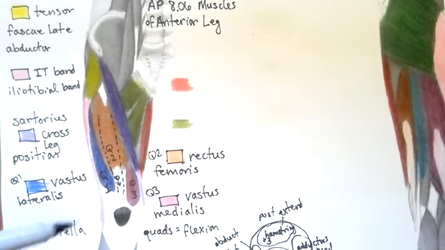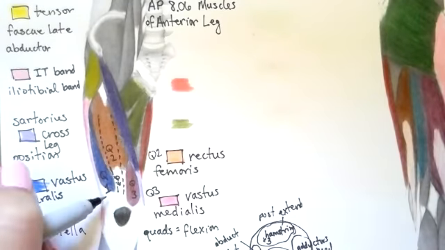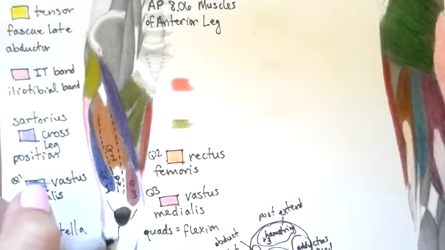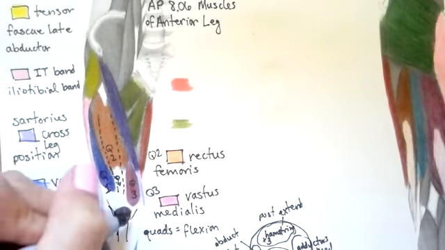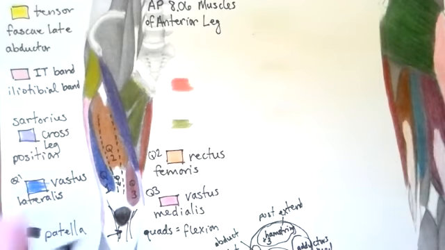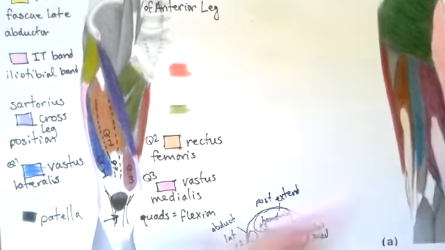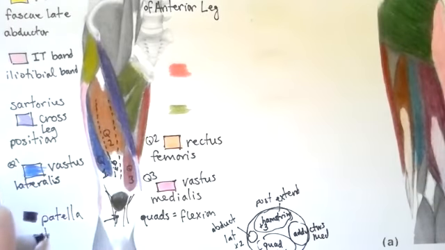By the way, this tendon comes down here, and the patella is right in the middle of it. That is our patellar tendon. Remember, the patella is a sesamoid bone, and so it is found inside of a tendon right here.